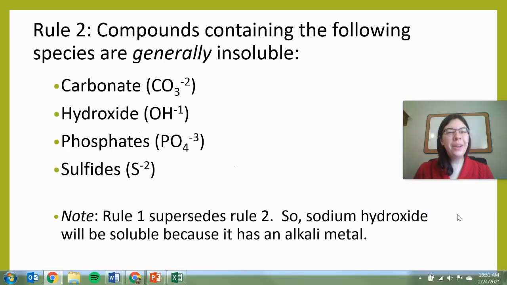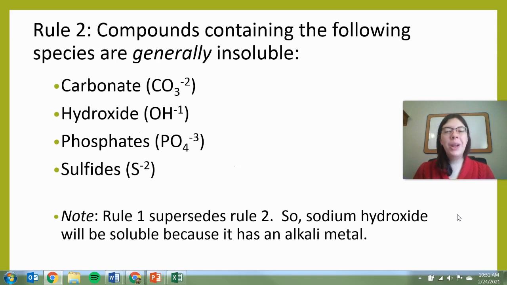The second rule states that compounds containing the following species are generally insoluble, meaning that they won't dissolve in water, or that if they're a product, they will form a precipitate. Anything with carbonate, hydroxide, phosphate, or sulfide tends to be insoluble.